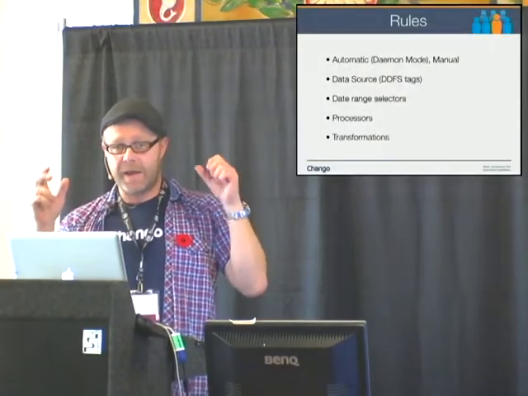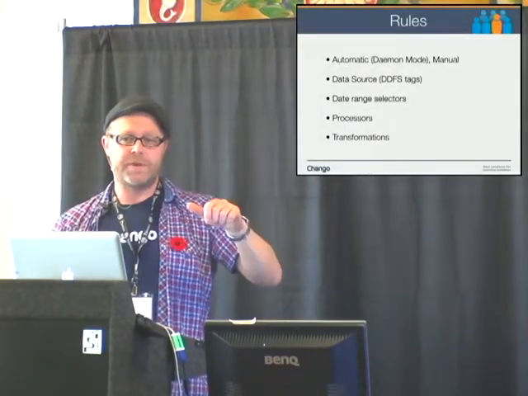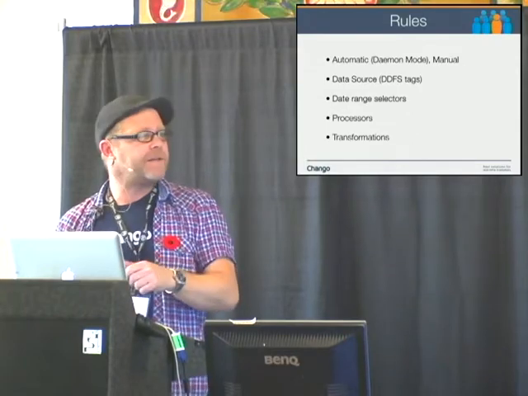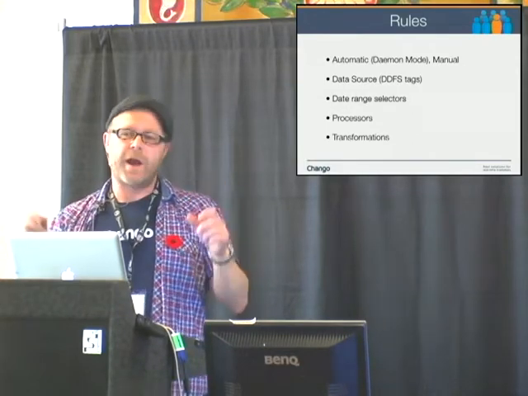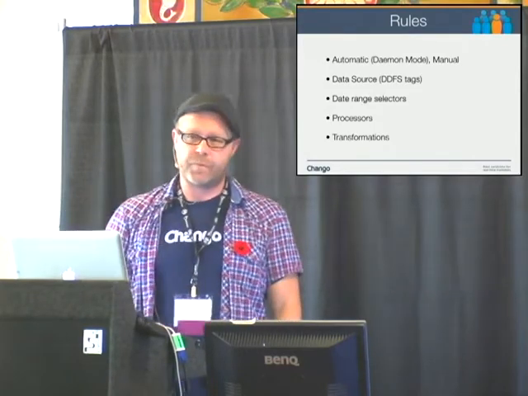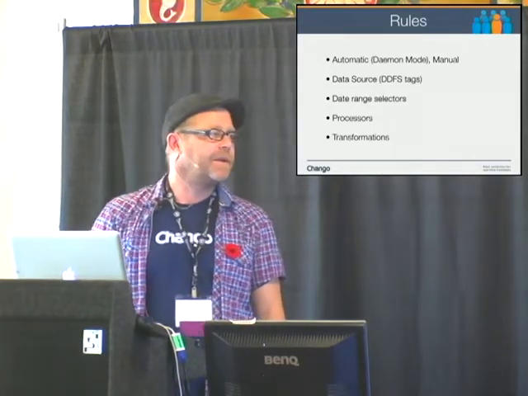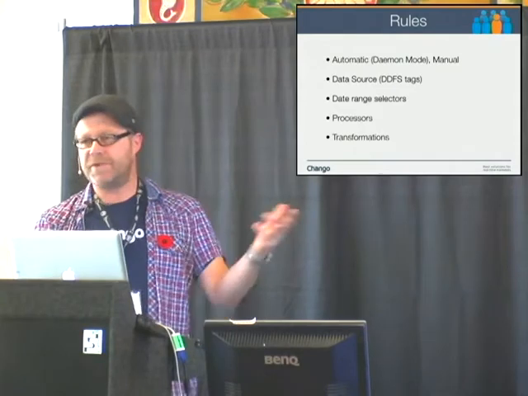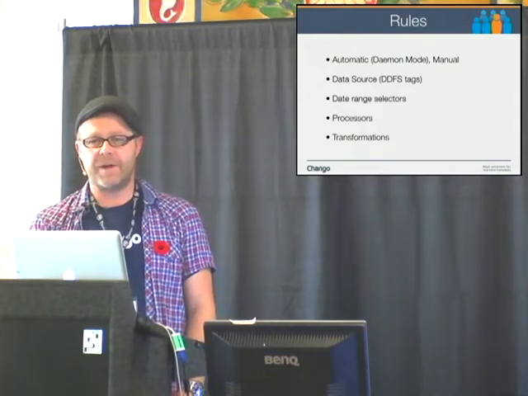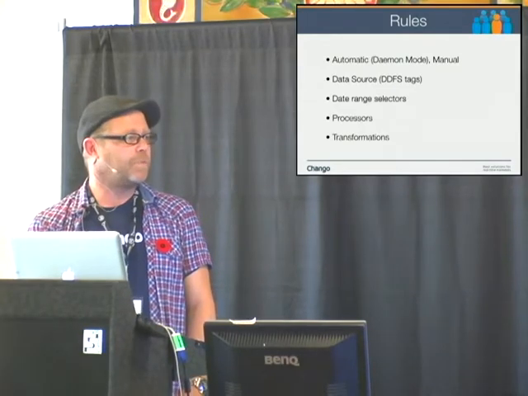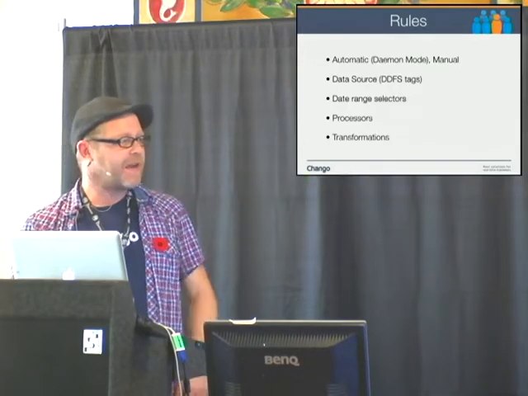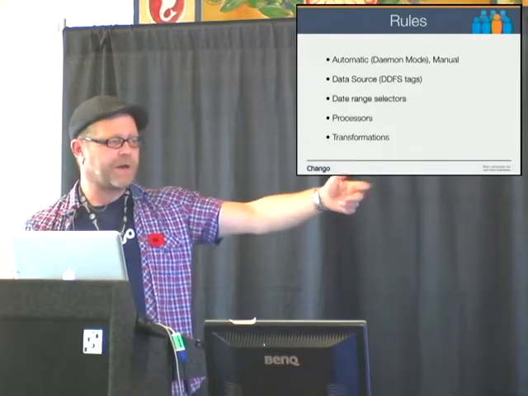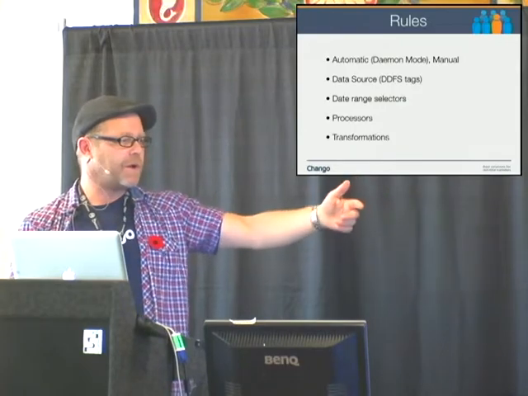They take incoming data, run the rules on it, store it out to a database or back end, and archive the processed tags. This is useful for stuff that you want to summarize and only get data on once. You specify data sources as DDFS tags. I talked about doing date ranges and so on.